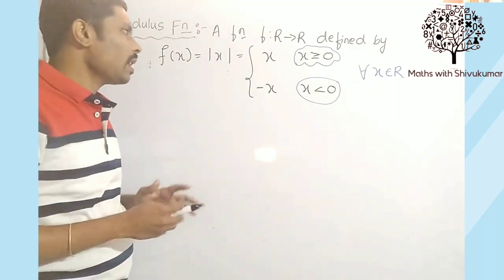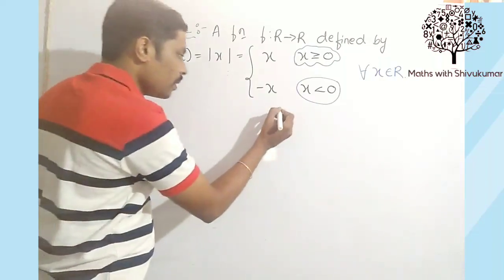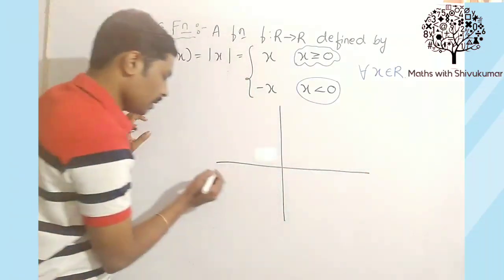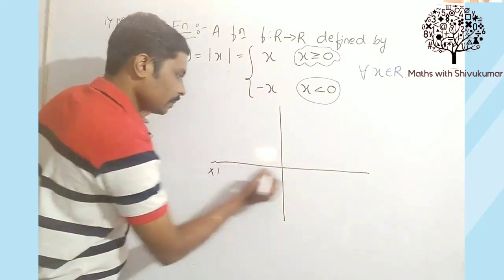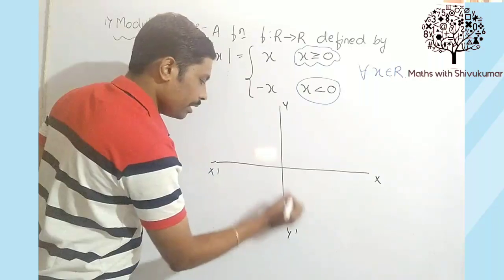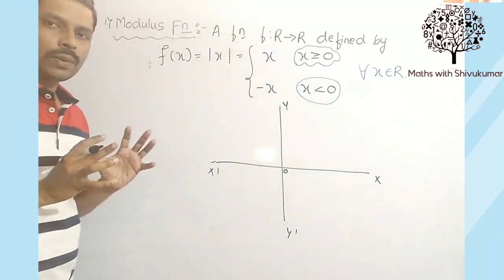Now we will see how to draw the graph of this function. To draw the graph of any function, we want the x-axis and the y-axis. So it is x dash, x, y, o, y dash. Students, you have to observe one thing.